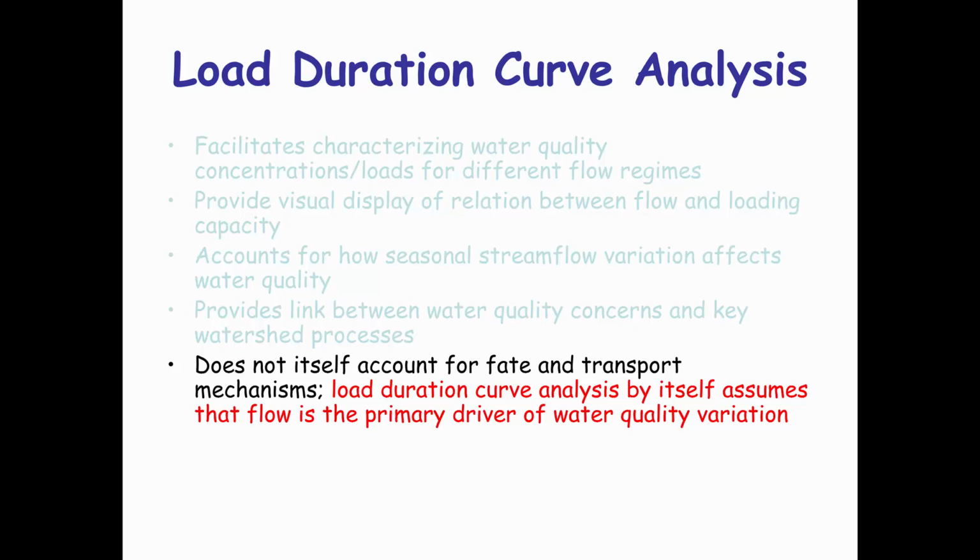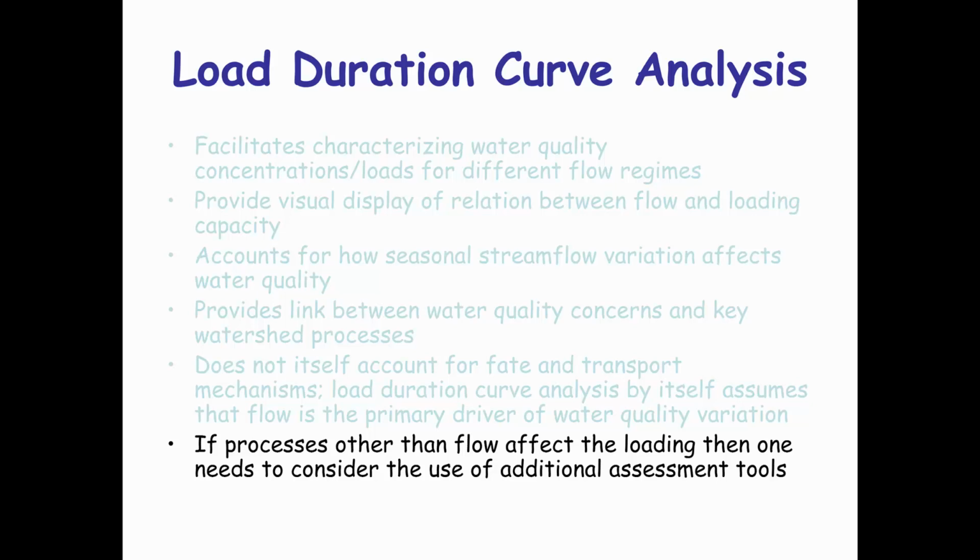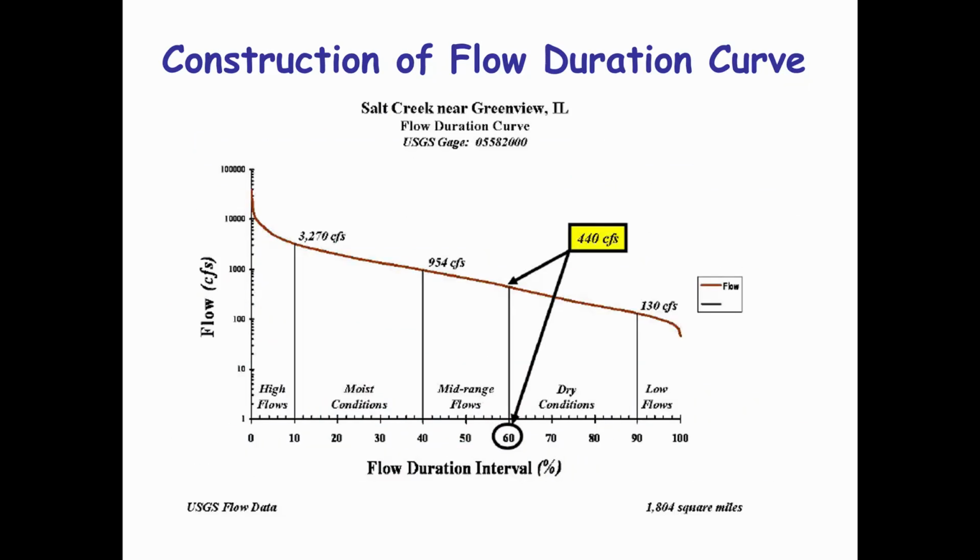It is assumed in load duration curve analysis that the primary driver of the water quality variation is the flow. And of course, if other processes are affecting the water quality variation, then one needs to use other assessment methods in addition to the load duration curve analysis.